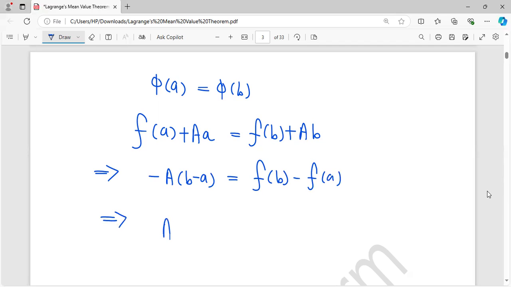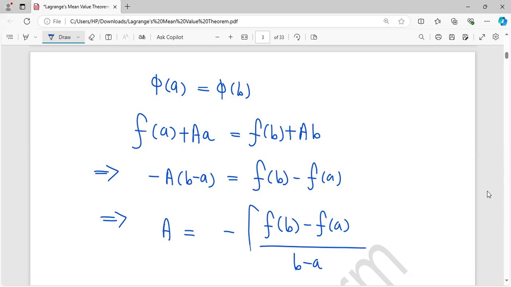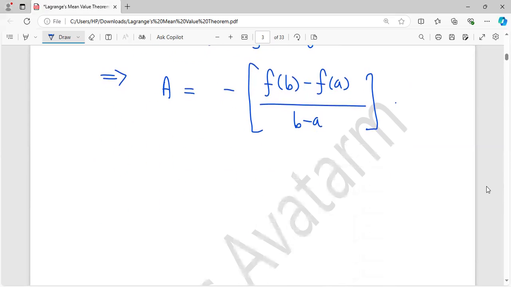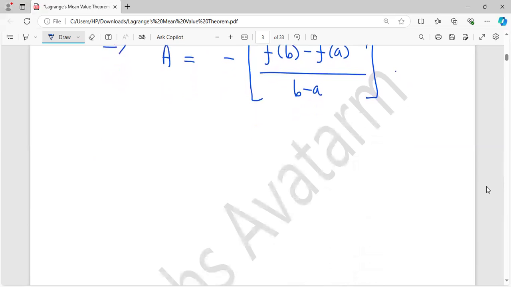You got A is equal to minus (f(b) minus f(a)) upon (b minus a). So let's take this equation.